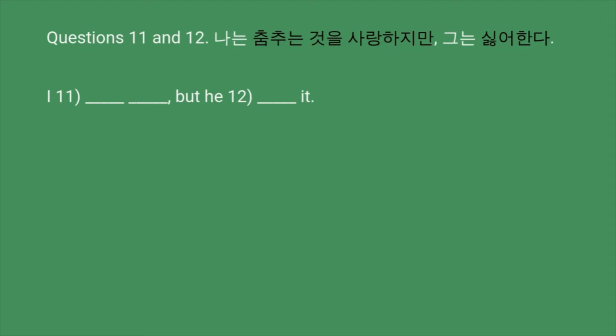Right, so number 11, the subject is I. So it's the first person singular. Okay, whereas number 12, the subject of that part of the sentence is he. Right, so with he or she, the third person singular, we make the verb differently. Right, so make sure you make the verb correctly for question 12.